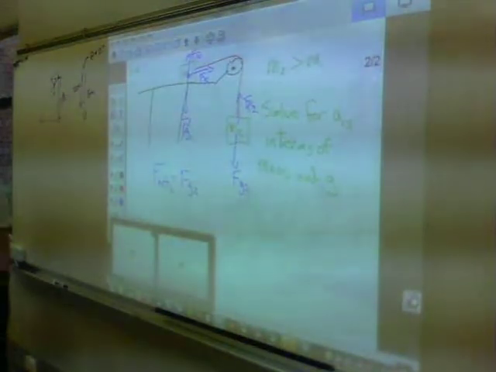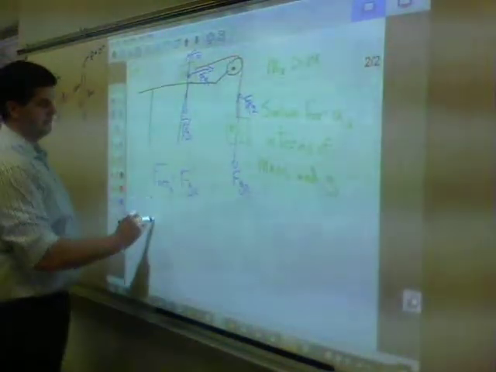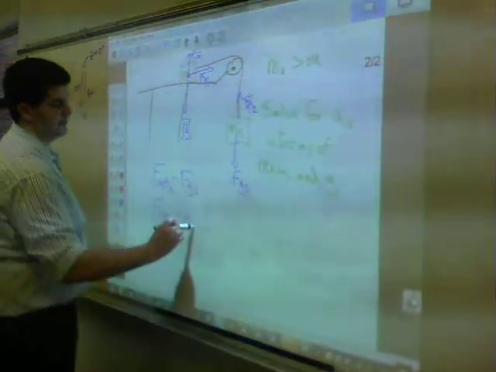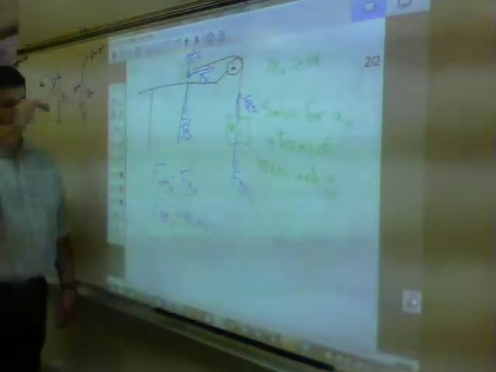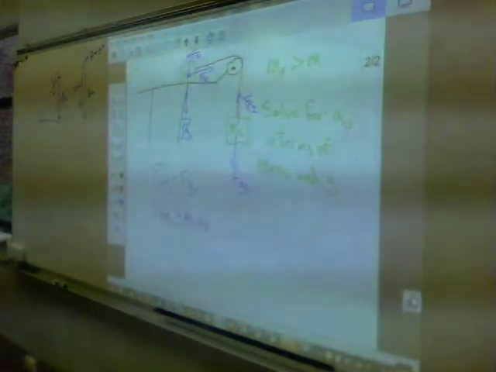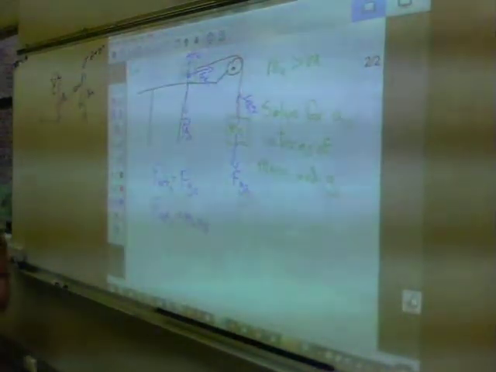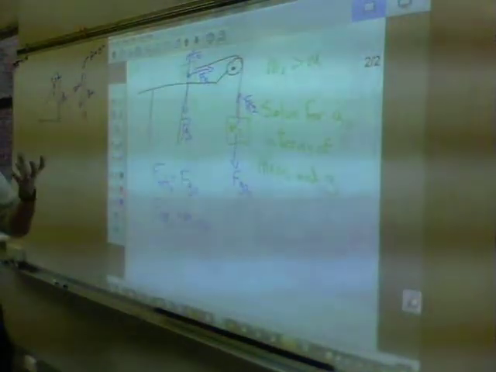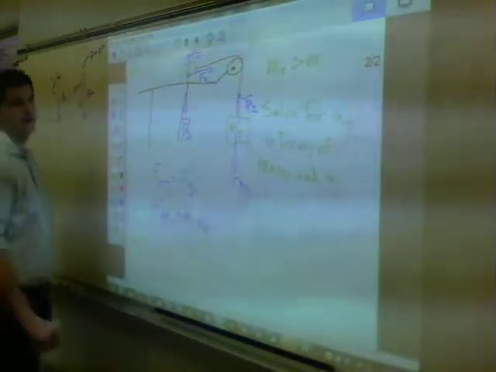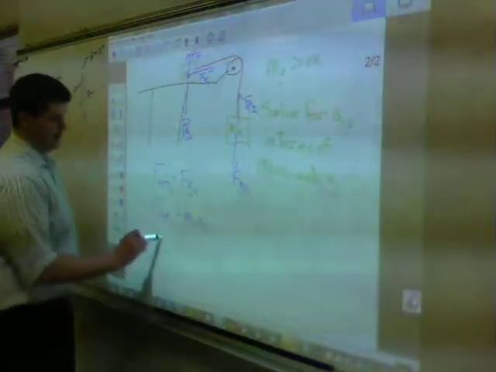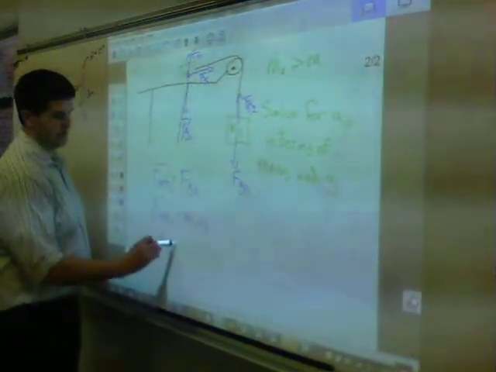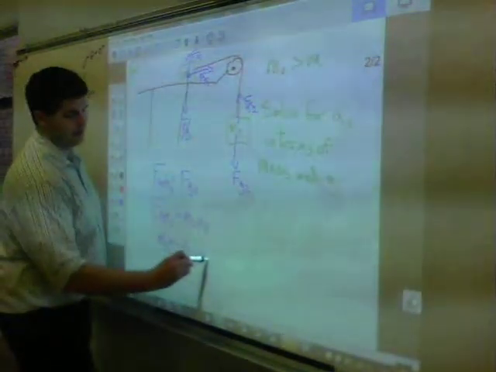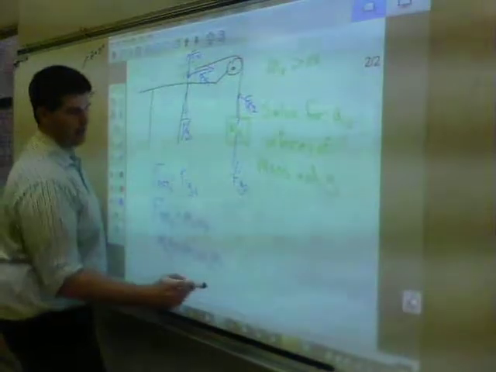And that is going to be equal to the mass of the system times the acceleration of the system. Finally, we can solve for the acceleration by plugging everything in: m2g is equal to the mass of the system, which is m1 plus m2, times a of the system.